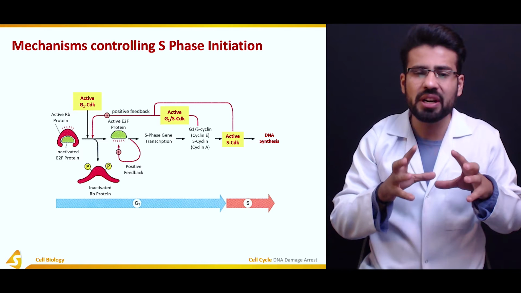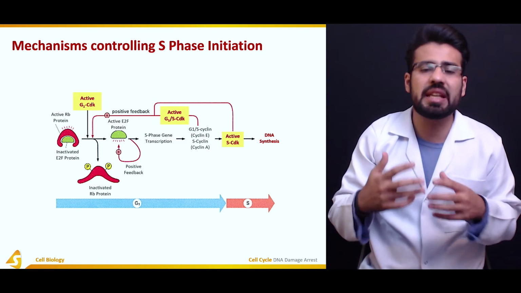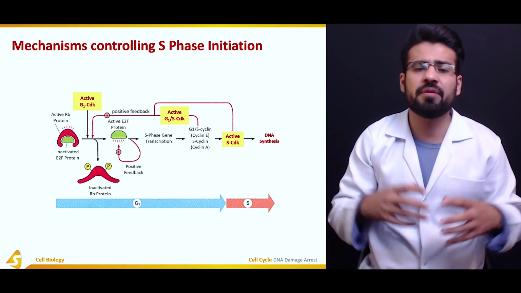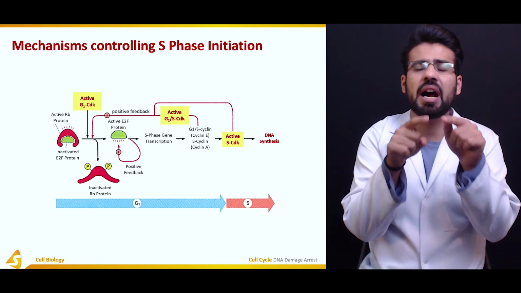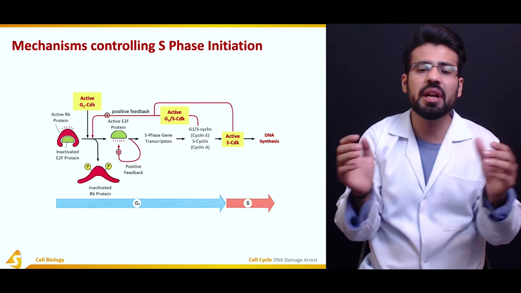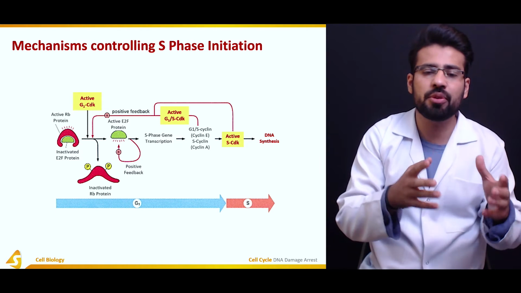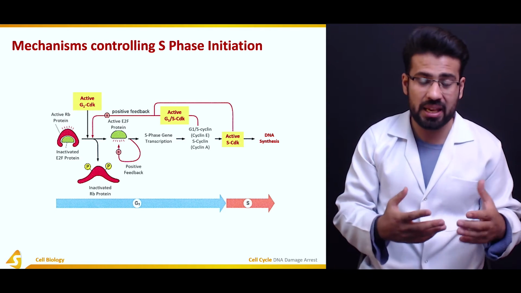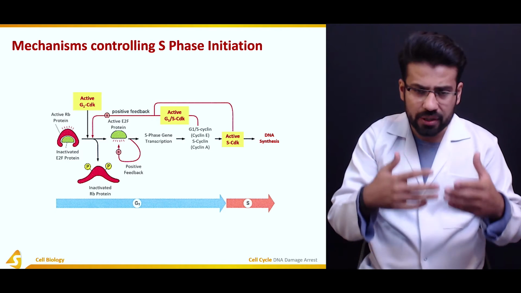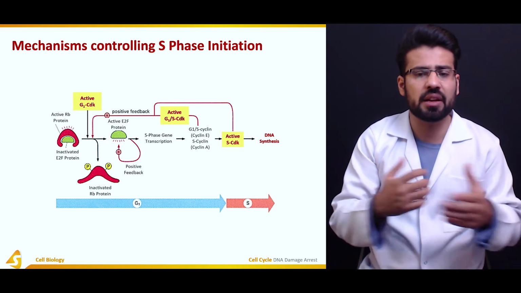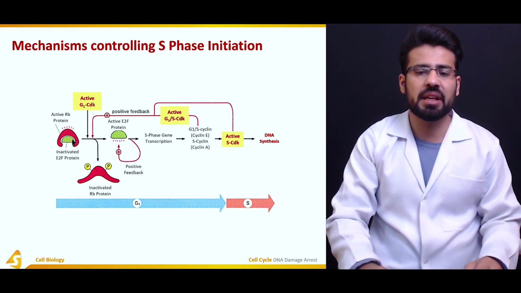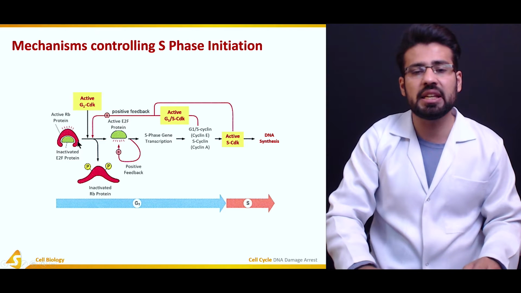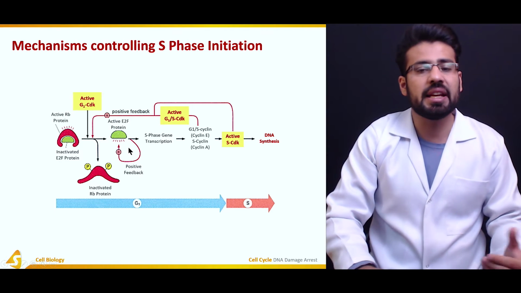The G1 CDKs are going to play an important function: they cause the phosphorylation of the RB protein, and this phosphorylation renders the retinoblastoma protein inactive. When this protein is inactive, it releases the E2F protein in its active form.